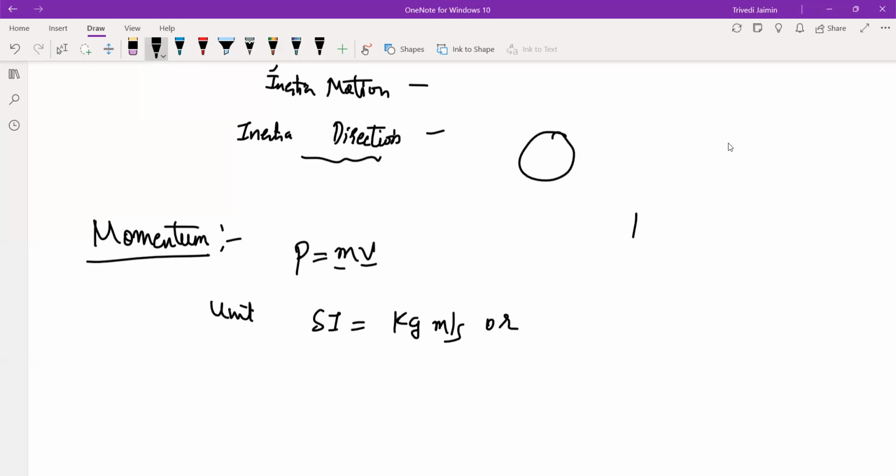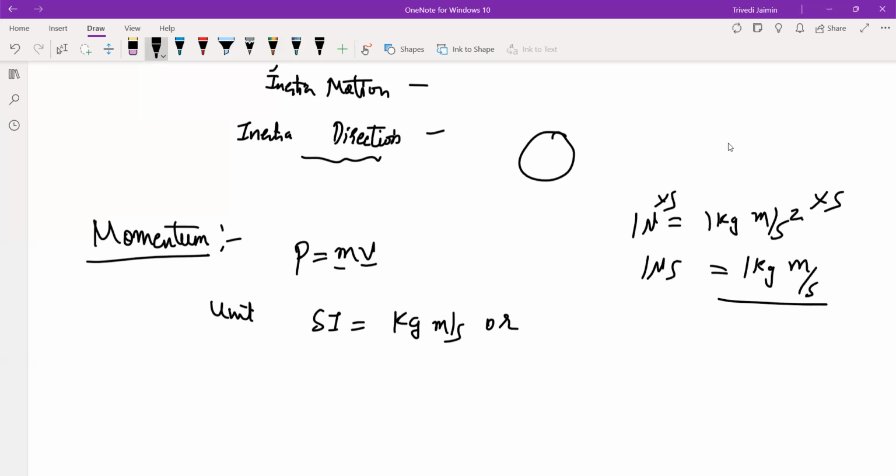We know 1 Newton equals 1 kilogram meter per second square. So I have one extra second, so I'll multiply by second. So 1 Newton second. Yes, it is Newton second.